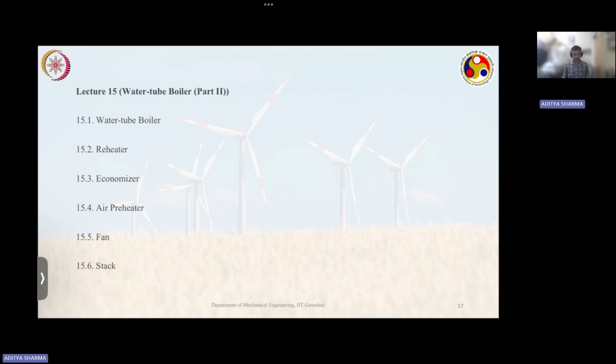Now we have lecture number 15. That is the second part of your water tube boilers. Water tube boilers are also known as subcritical boilers, used for pressures less than the critical pressure of water. So this pressure is the pressure at which the boiling takes place, right?